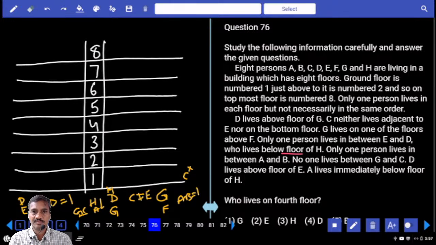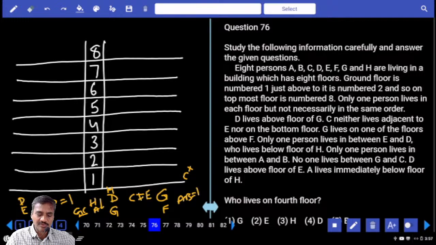Is there any other different information here? D lives above the floor of G. C neither lives adjacent to E nor on the bottom. G lives on one of the floors above F. Only one person between E and D. D is below the floor of H. Only one person between A and B. No one lives between G and C, so they are adjacent to each other.